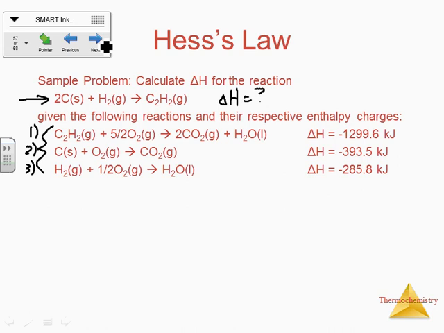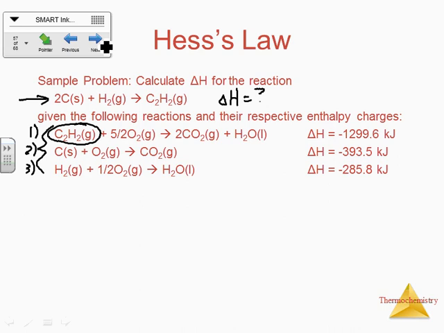In equation 1, I've got C2H2 gas on the reactant side. And if I look up at the top equation here, the one I'm trying to get to, I need C2H2 gas to be on the product side. Okay? And so it looks to me like this one maybe needs to be flipped, because that's the only place I see C2H2 in any of these equations. The only place that's going to come from is from reaction 1, and so it needs to be on the product side.